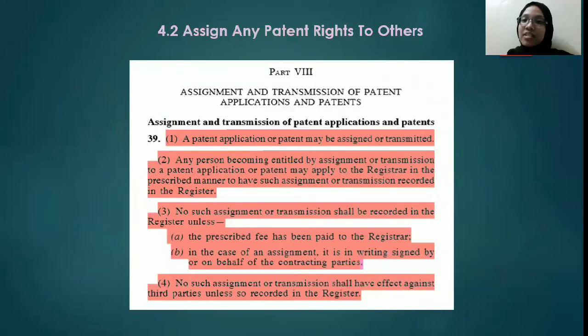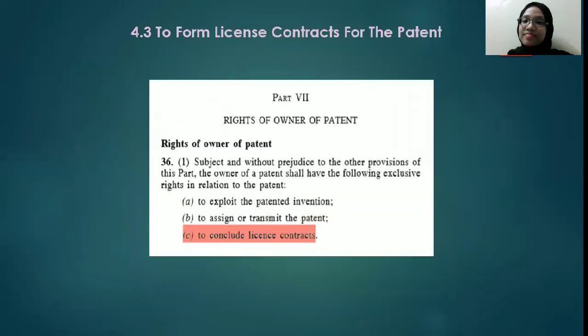Section 39 is a guideline on assignment and transmission of patent application and patents. Next, in Section 36(1)(c), a patent owner also has the right to conclude license contracts.